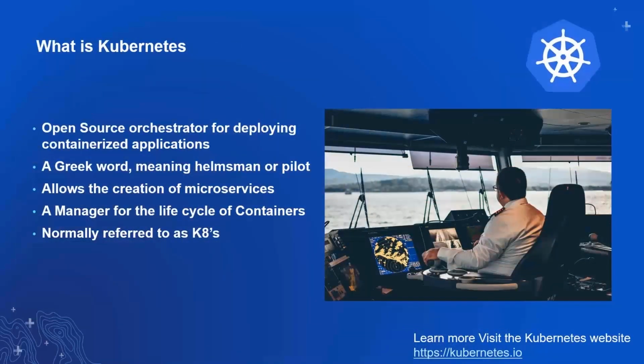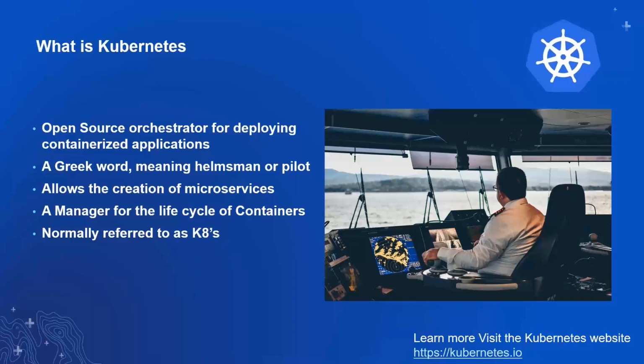So just real quick, if you're unfamiliar with what Kubernetes is, it's an open source orchestrator for managing and deploying containerized applications at scale. It was originally created by Google. So software essentially can now be delivered as microservices in which an application is a collection of loosely coupled services.